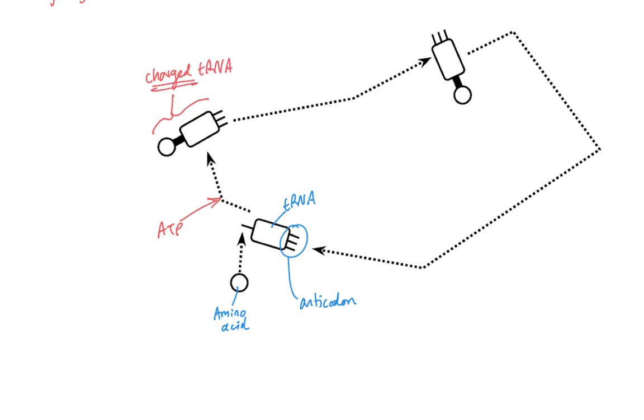The word charged means it carries an amino acid, AA, plus there's a high energy bond. So this black bond there, that's high energy. Basically I've taken the energy from ATP, broken off a phosphate, and put that energy into that bond there.